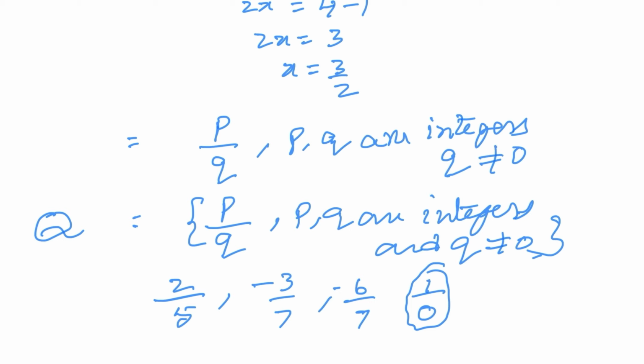That's why q should not be 0. For example, 2 by 0 is also undefined. 0 by 0 is also undefined. So 0 must not be the denominator.